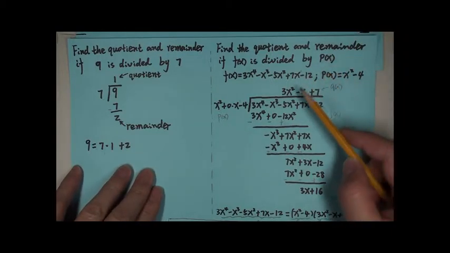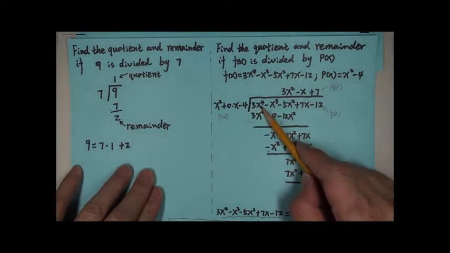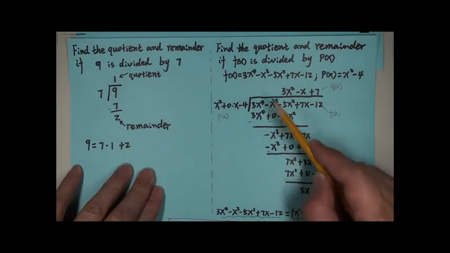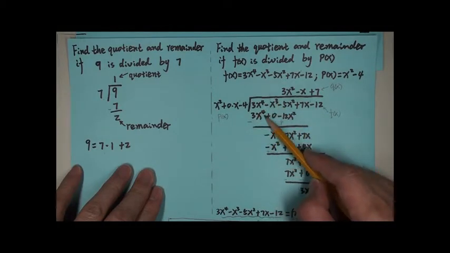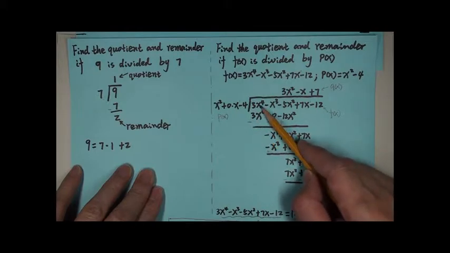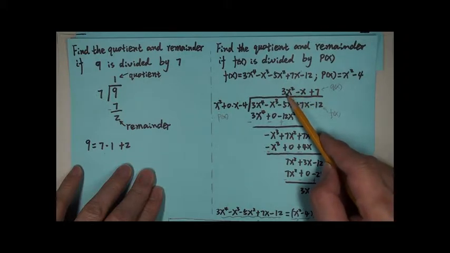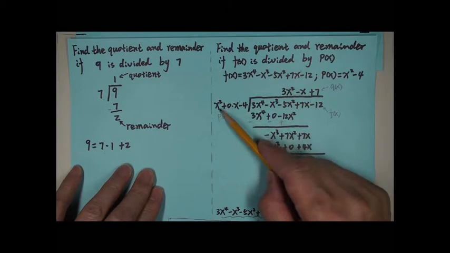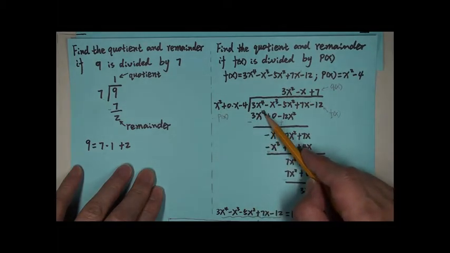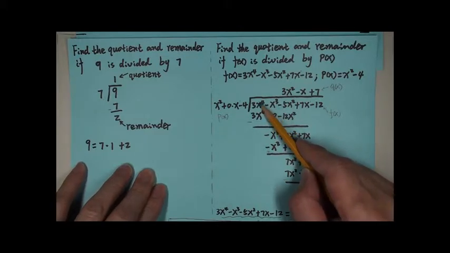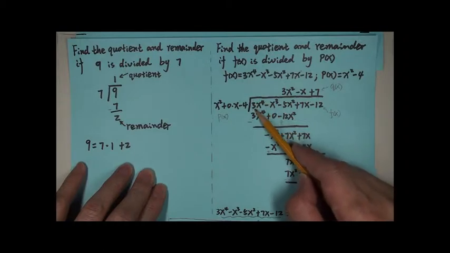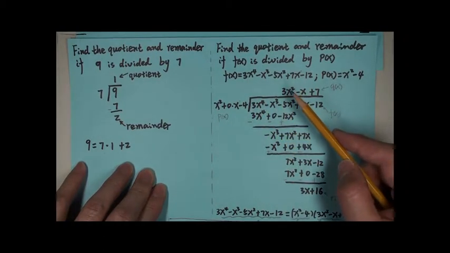In order to eliminate 3x to the fourth, what do we need right here? We need 3x squared, because 3x squared times x squared gives 3x to the fourth. Our goal is to eliminate the highest term.